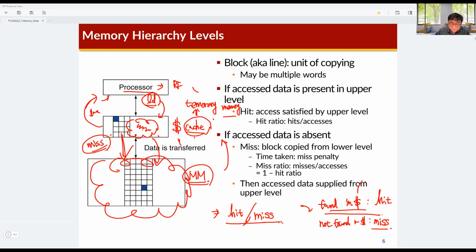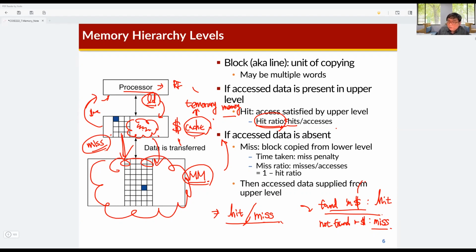Also, we can define the hit ratio. This means the number of hits divided by the number of total accesses. This is called the hit ratio. Then what is the miss ratio? The number of misses divided by the total number of accesses.